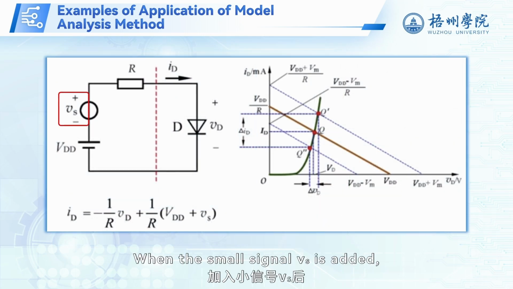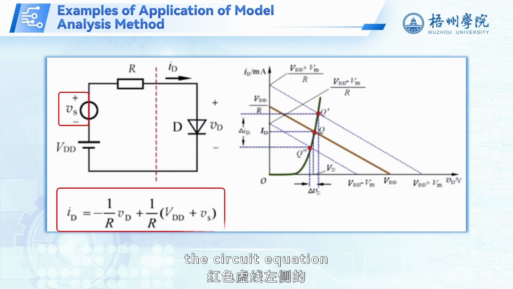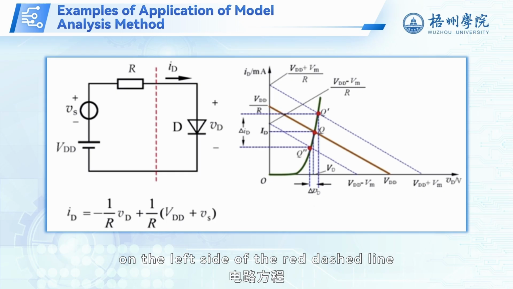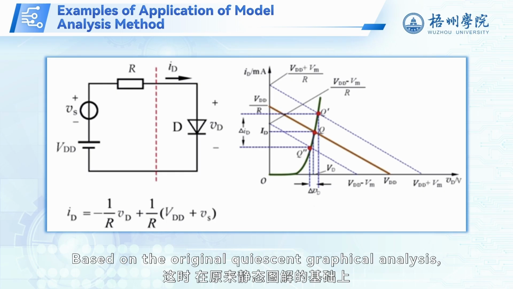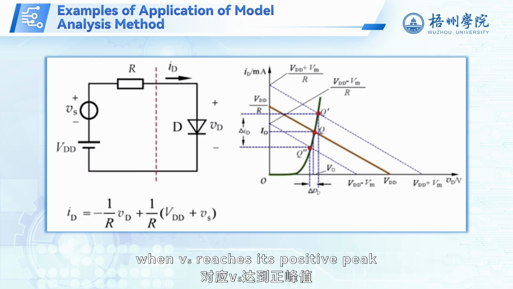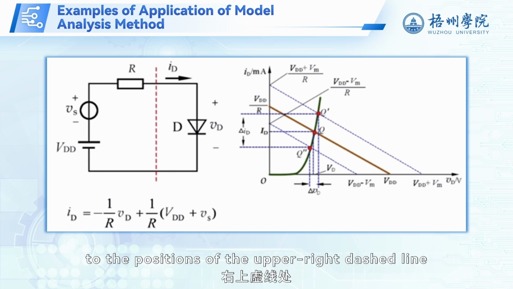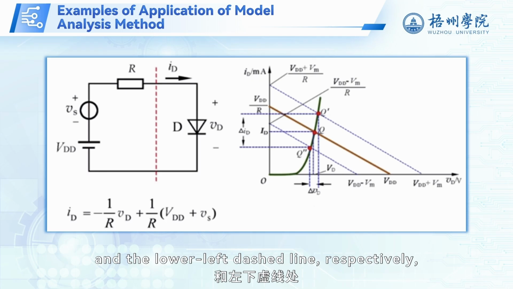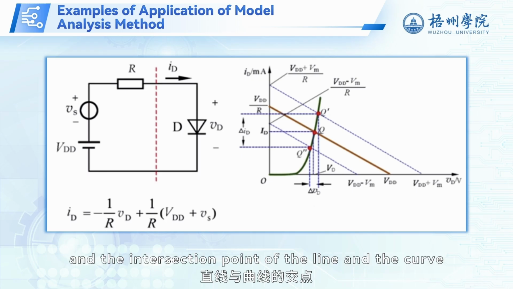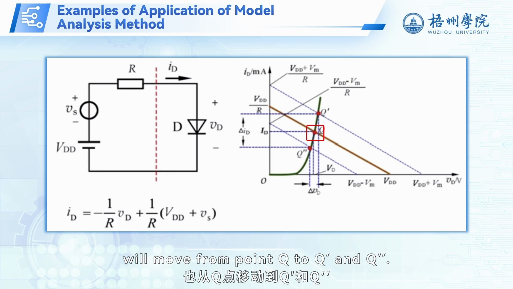When the small signal Vs is added, the circuit equation on the left side of the red dashed line now includes Vs. Based on the original quiescent graphical analysis, when Vs reaches its positive peak and negative peak, the straight line will shift to the positions of the upper right dashed line and the lower left dashed line, respectively, and the intersection point of the line and the curve will move from point Q to Q prime and Q double prime.